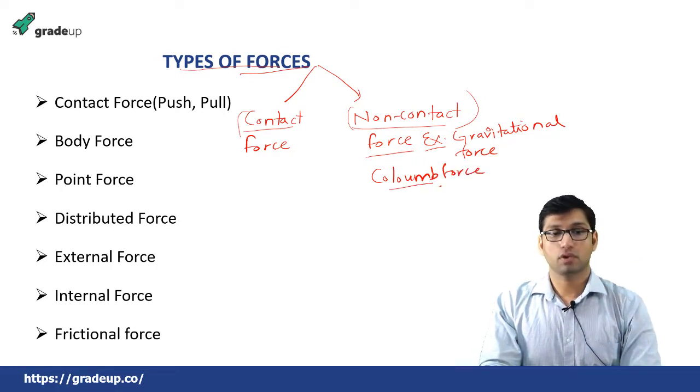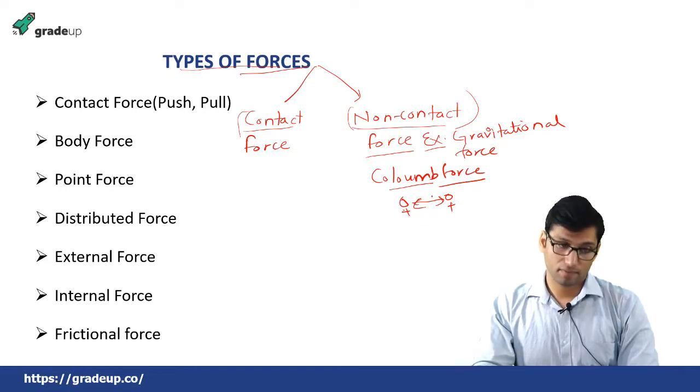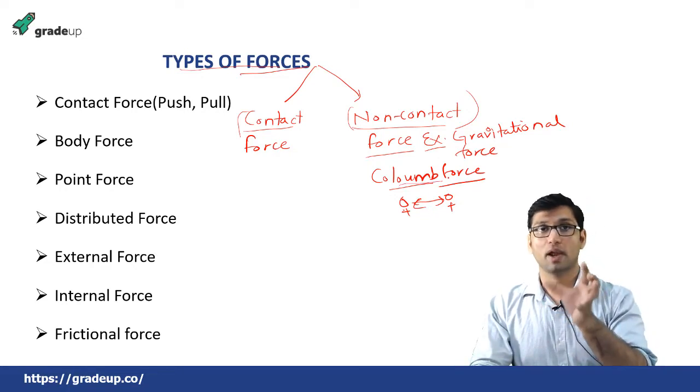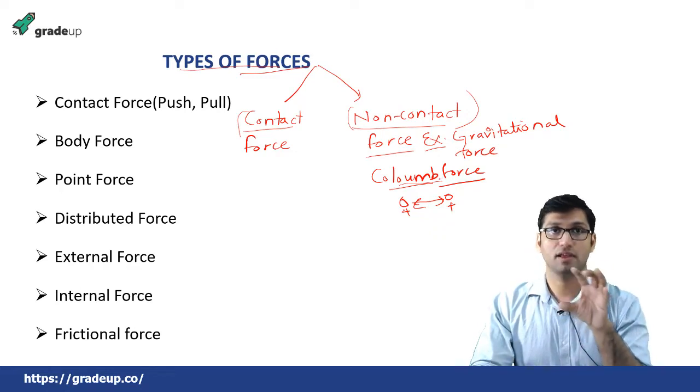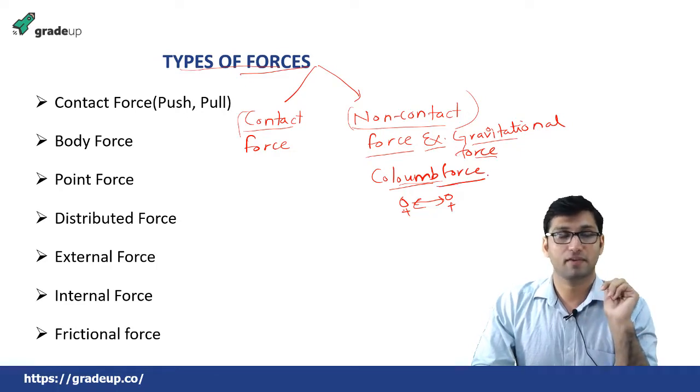This force of attraction also does not require the two bodies on which charges are there to be close to each other. They will be attracted under the Coulomb force, but they do not need to be touching or in contact with each other. So gravitational force and Coulomb force are examples of non-contact force.